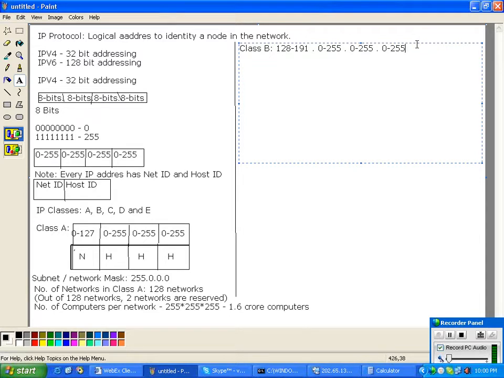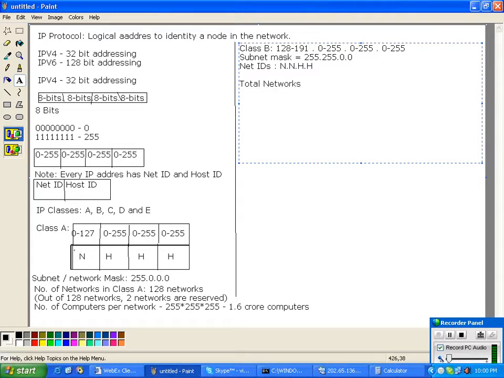This is my class B network. Subnet mask for class B IP addresses is 255.255.0.0 because net IDs concept comes with network host, or first 2 octets are networks and remaining 2 octets are hosts.